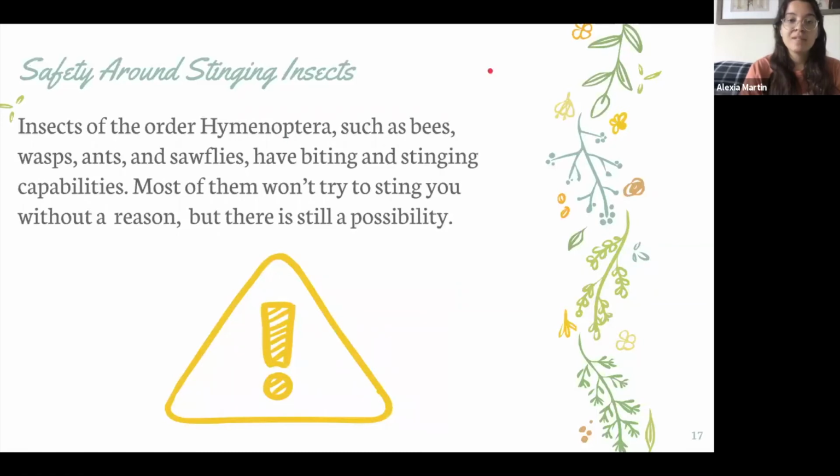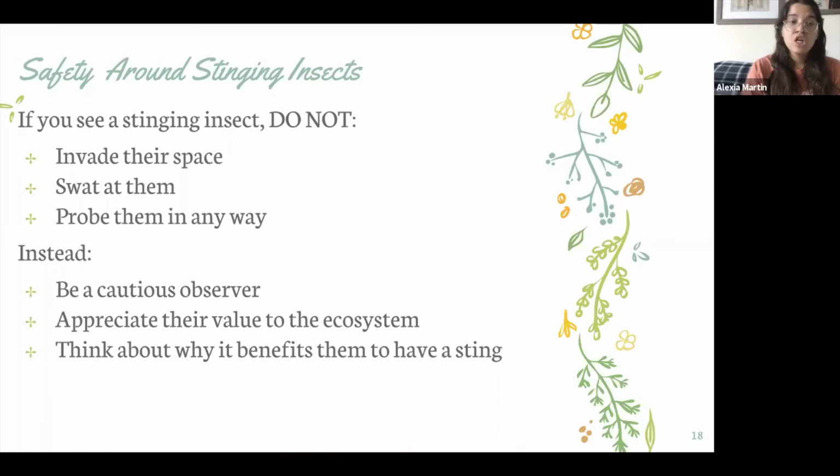Safety around stinging insects. Like I said, insects of the order Hymenoptera, such as bees, wasps, ants, and sawflies, have biting and stinging capabilities. Most of them won't try to sting you without a reason, but there is still a possibility that they could. So if you see a stinging insect, do not invade their space, do not swat at them, do not probe them in any way.